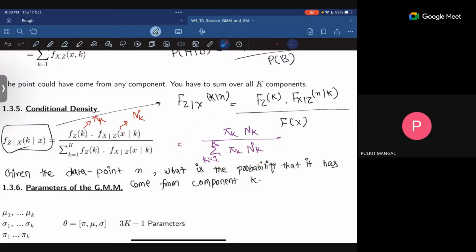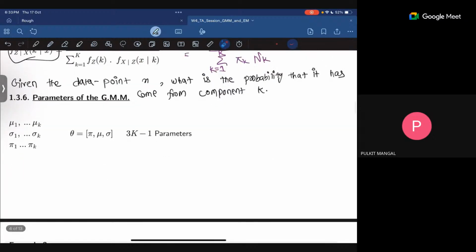So this comes from the Bayes theorem. Till this point, is it clear to everyone? Any doubt, anyone, about the terminologies? The conditional, joint, marginal.